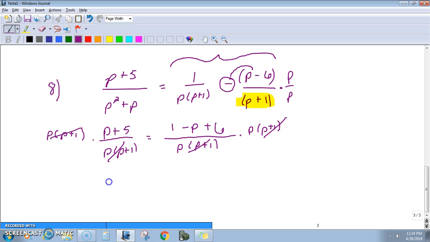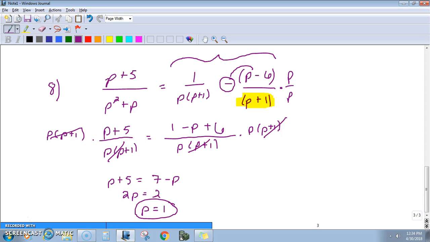Then what you're left with is p plus 5 is equal to, let's combine our like terms, 7 minus p. And then how about I add p to both sides and subtract 5 from both sides, and I get 2p equals 2.